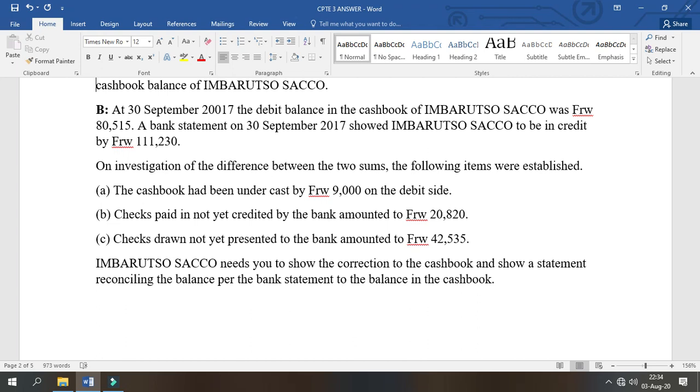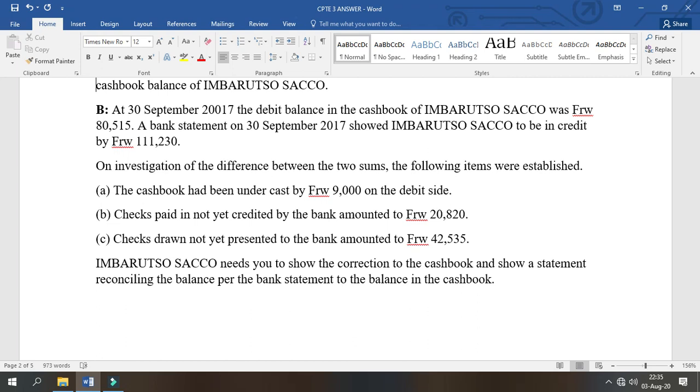We have the cash book undercast by Rwandan francs 9,000, and we have an uncredited cheque which is 20,820, and we have an unpresented cheque which amounts to 42,535.